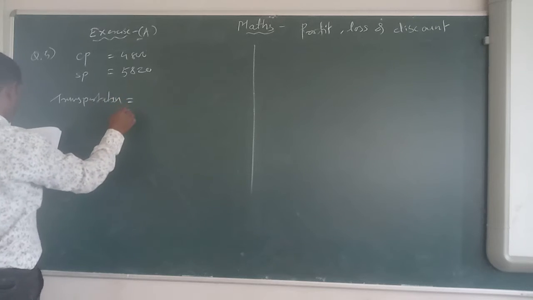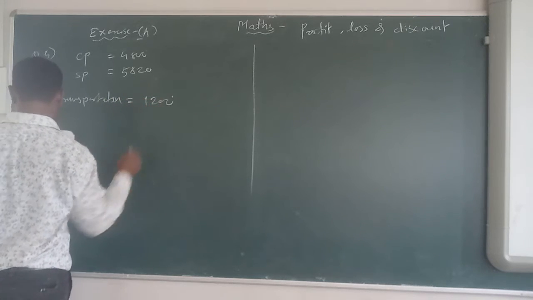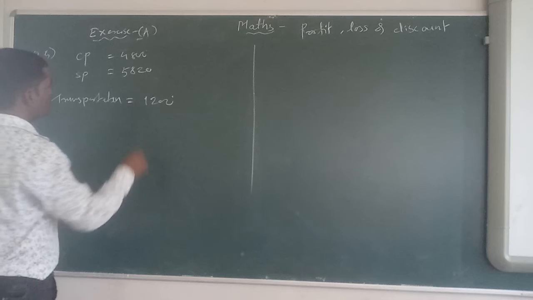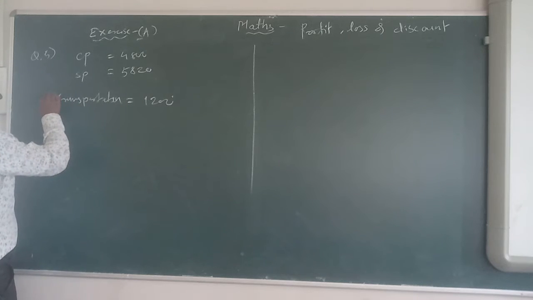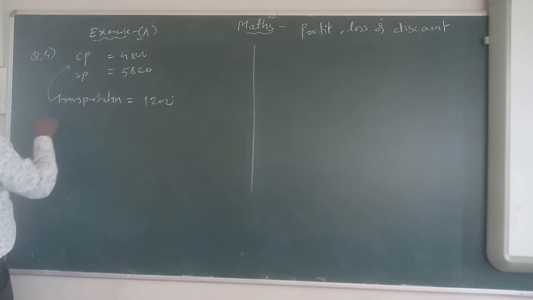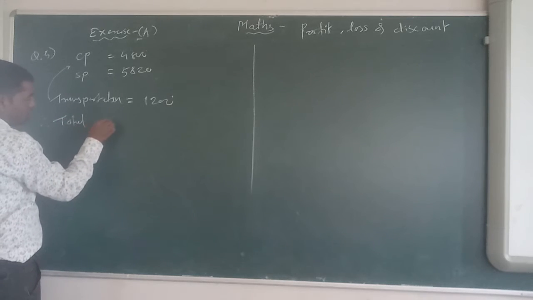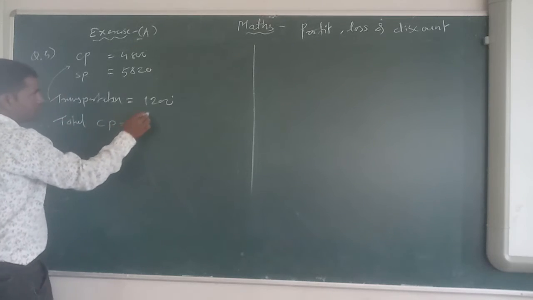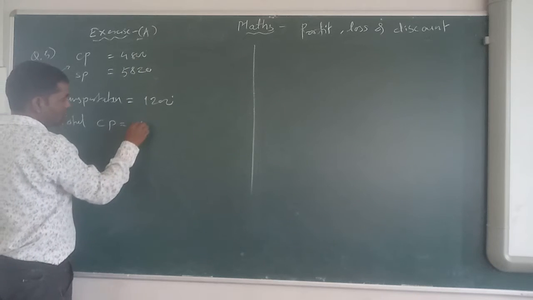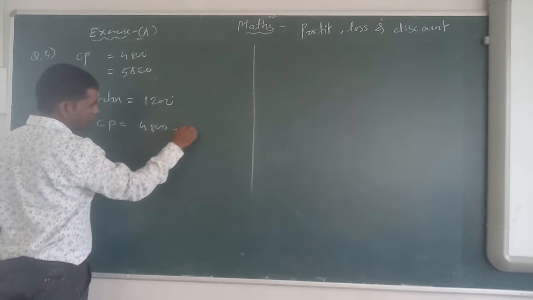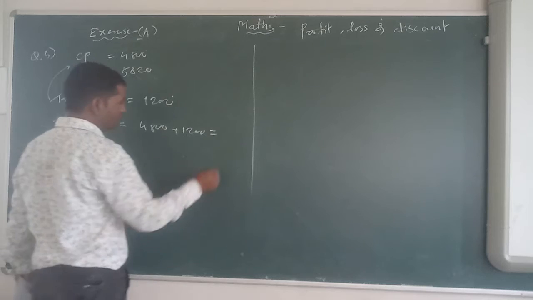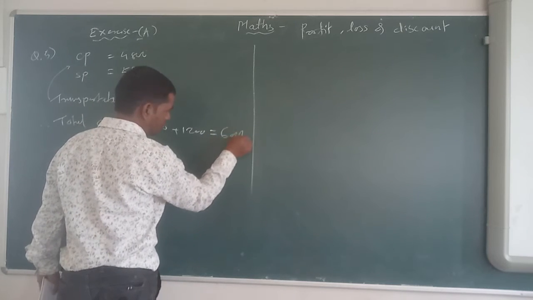Transportation equal to 1200. So we have to add this transportation to the CP. Therefore, total CP now. Okay, that means this overhead should be added in the CP. So 4800 plus 1200 equal to 6000.